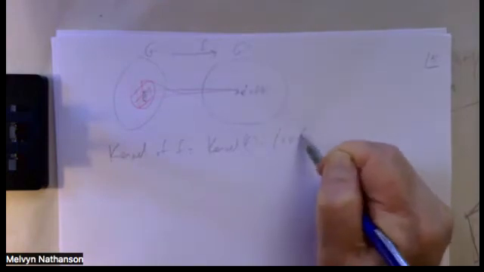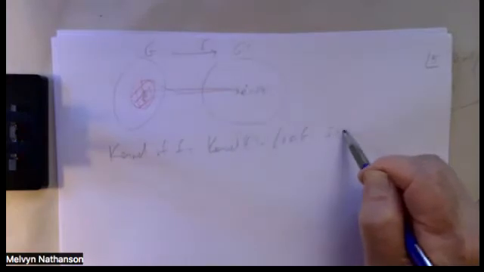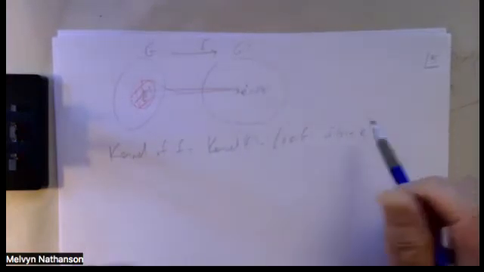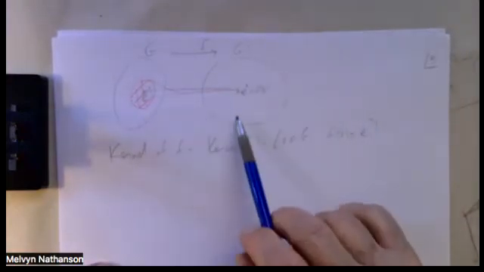The kernel of F is all elements X in G that get mapped to the identity, such that F of X is equal to E prime.